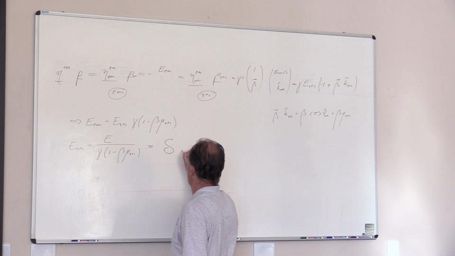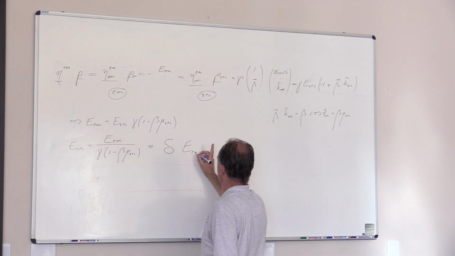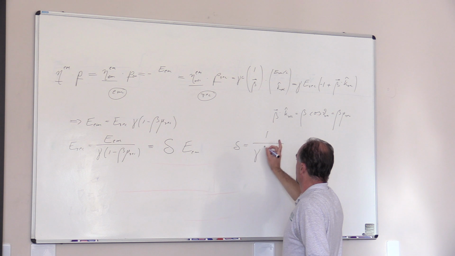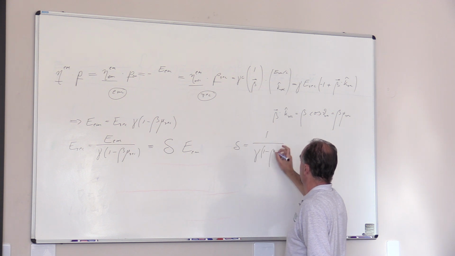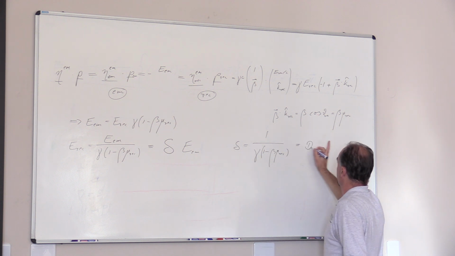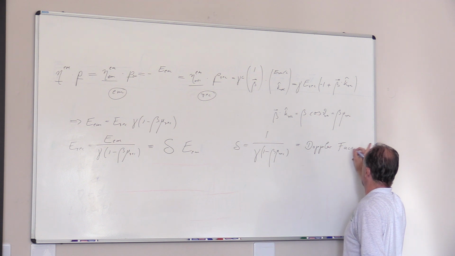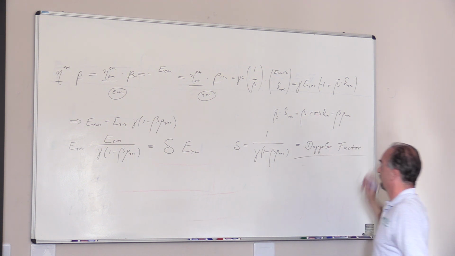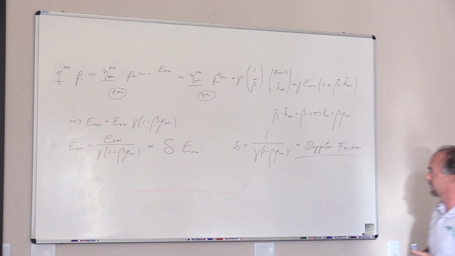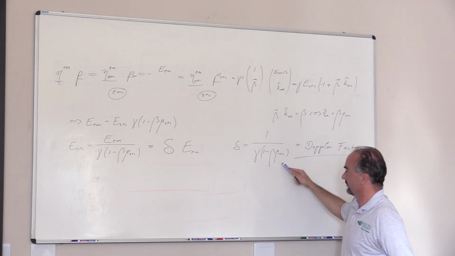It's called delta times E. So delta is 1 over gamma (1 minus beta mu). Whenever you do relativistic astrophysics, Doppler boosting of photons, this is precisely the factor that's always happening.